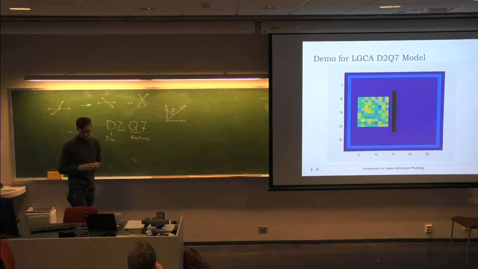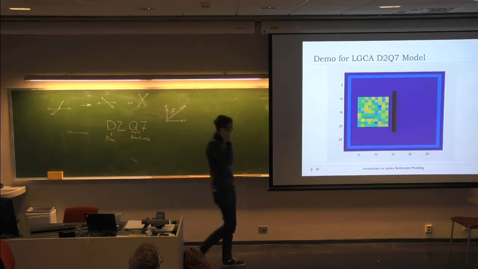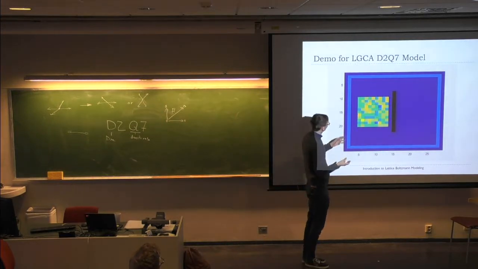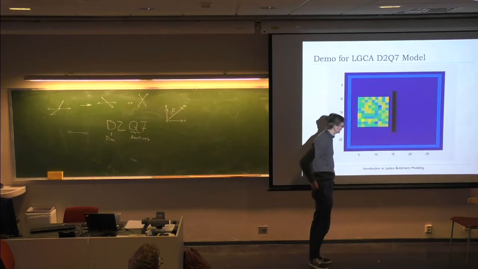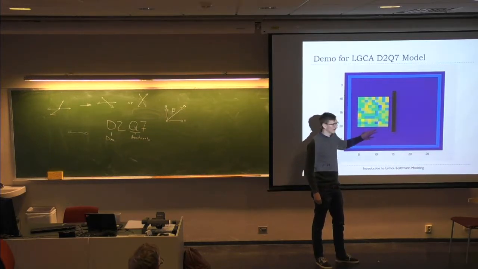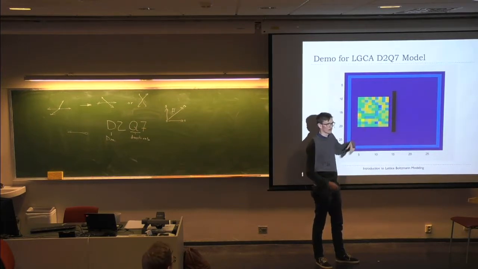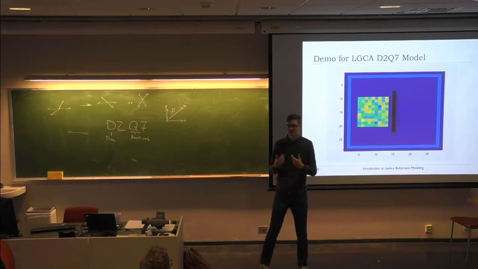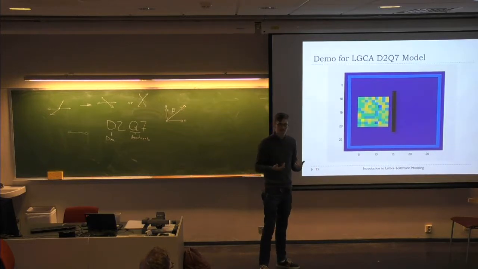But okay, back to this little animation that I made. I have a closed system around here. This is my boundary, and inside it's empty where it's dark. You can think of it as the more yellow it is, the more particles it has. So it's a way to display the energy of the system.